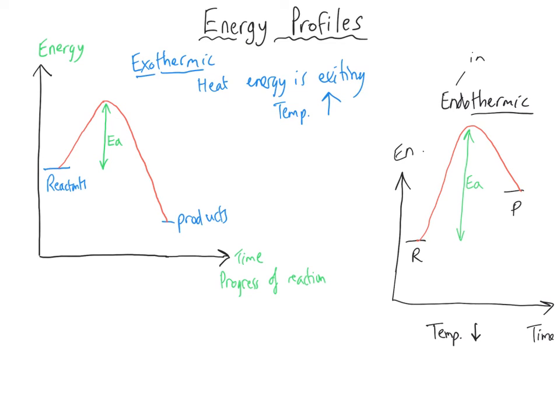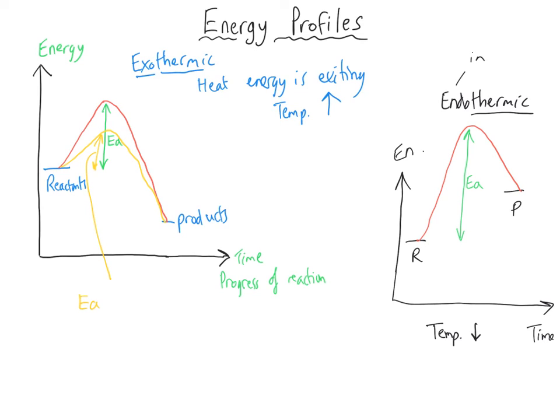The significance of these energy profile diagrams in terms of catalysts is that catalysts make the activation energy smaller in each case. If the activation energy is not so high, then the energy profile doesn't go up as high either. So this is the activation energy with a catalyst.